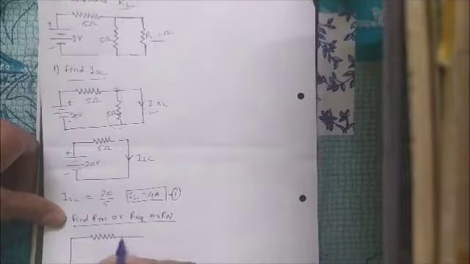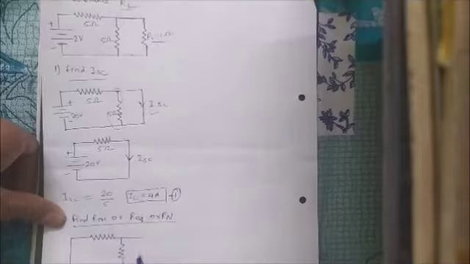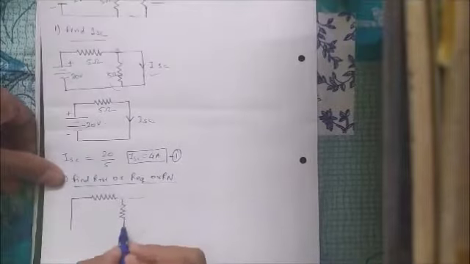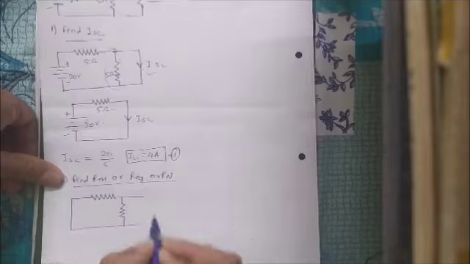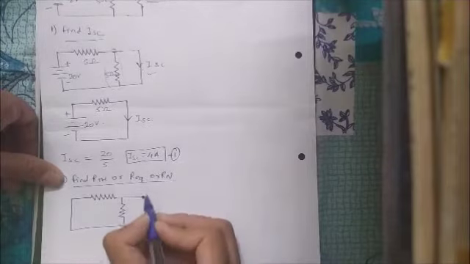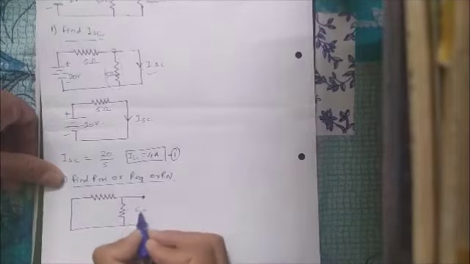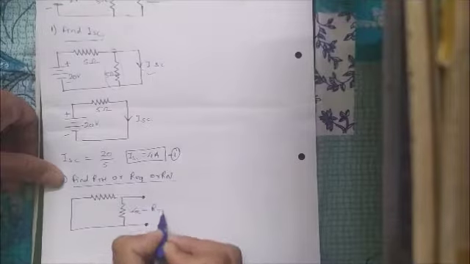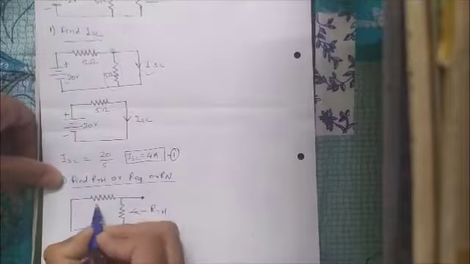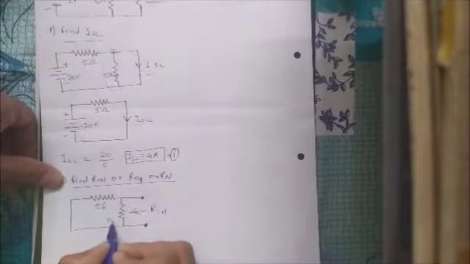So therefore, this is your short circuit, and this is the branch through which we have to calculate the load resistance. Okay, and from this side we are going to see your RTH. This is 5 ohm and this is 5 ohm.